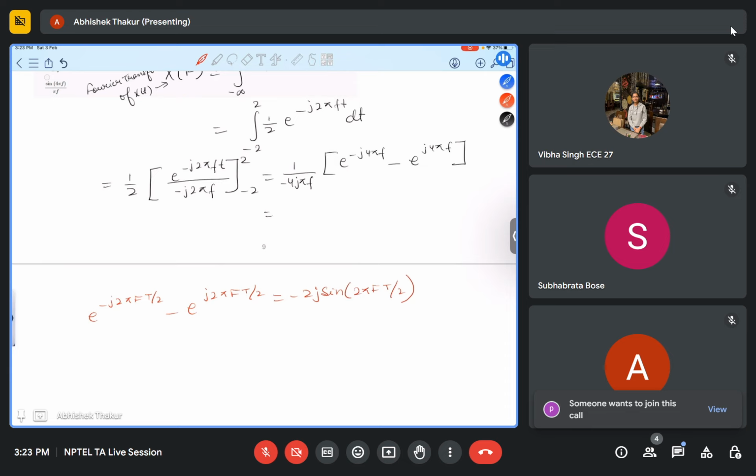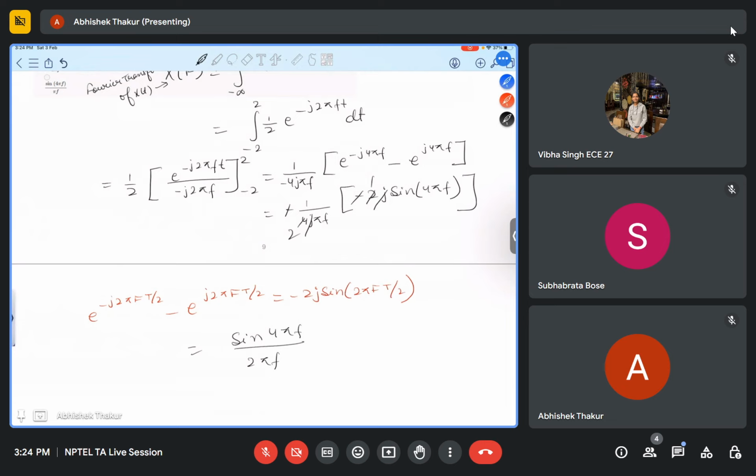So here also we will get minus 1 by 4j pi f, and this will become minus 2j sine 4 pi f. So now j and j will get cancelled, and minus and minus will get cancelled. So finally we will get sine 4 pi f by 2 pi f.